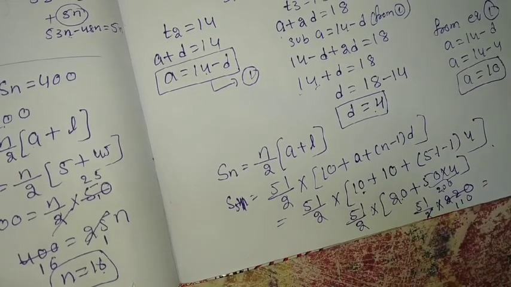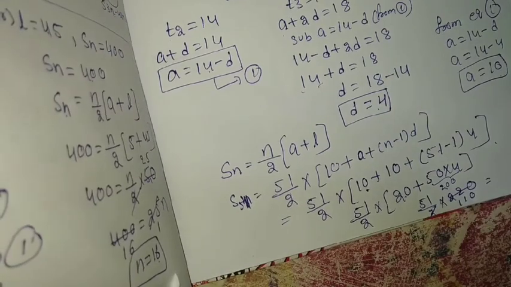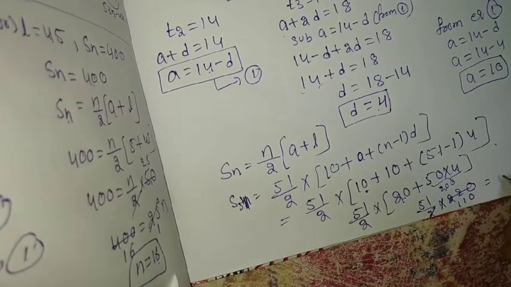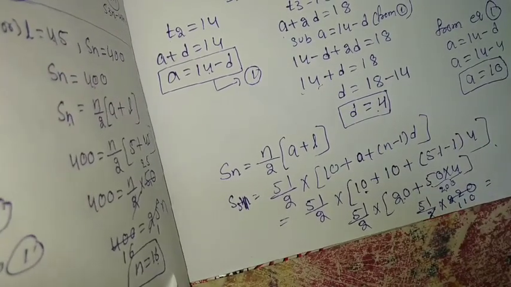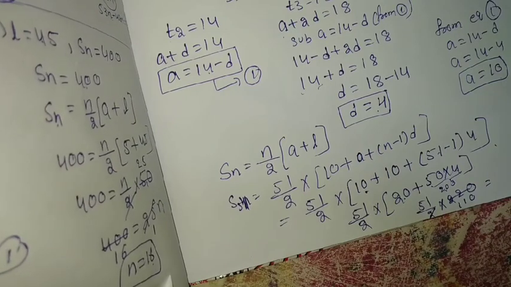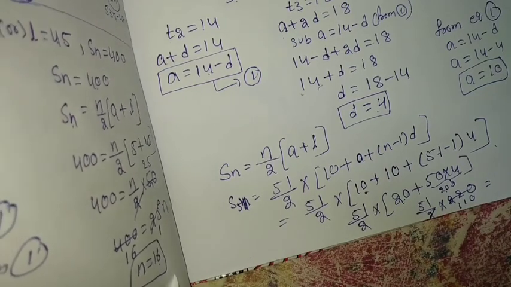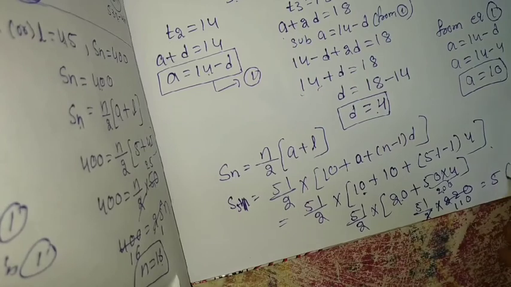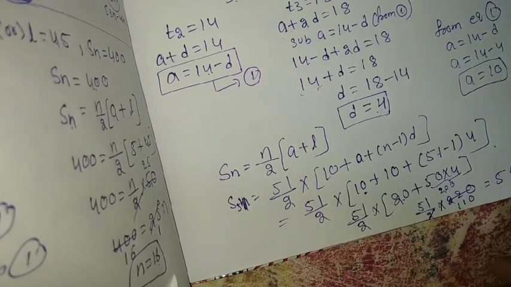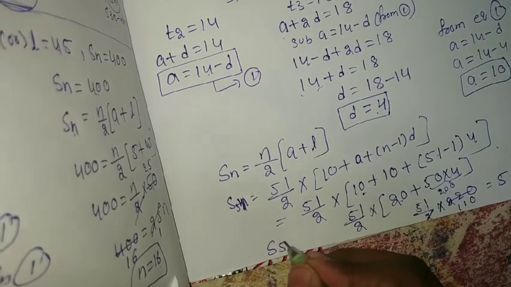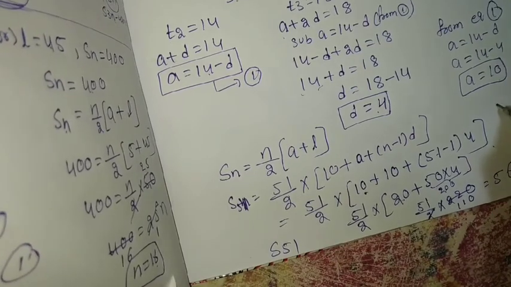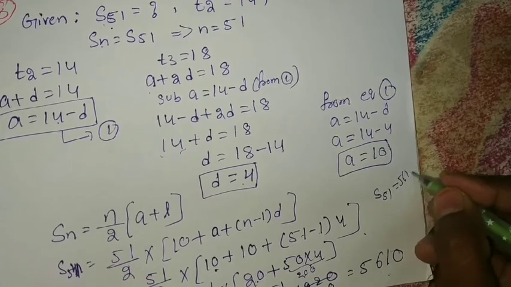Now you can multiply 110 into 51. Definitely you will get the sum of 51 terms. Then our result is 5610. So you can write in the conclusion, the sum of 51 terms is equal to 5610.